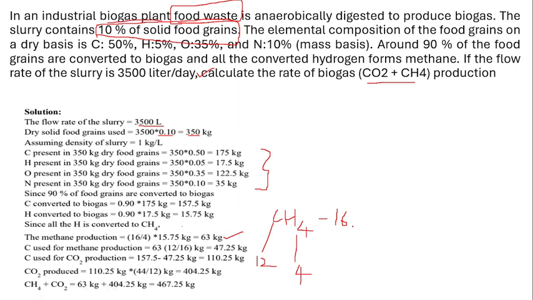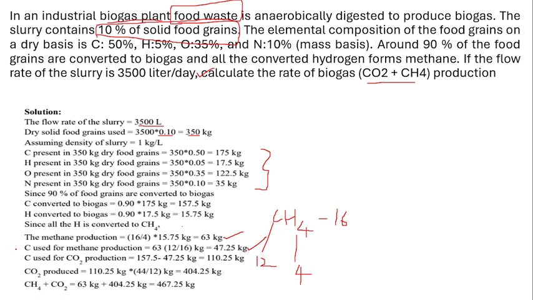For 16 kg of methane production, you require 12 kg of carbon. Now you know the amount of methane formed, which is 63 kg. Then if 16 kg of methane requires 12 kg of carbon, how much carbon is required for 63 kg? So you have to cross multiply and find 63 into 12 by 16, which is equal to 47.25 kg. So this is the amount of carbon required for the methane production.